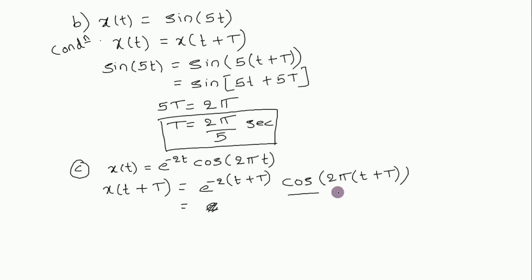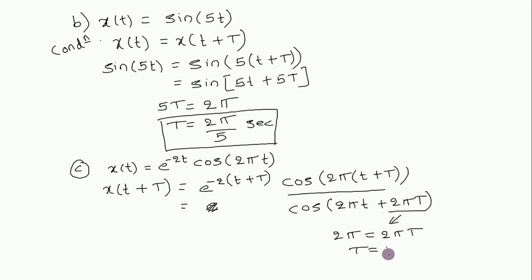Let me take this component. If I open the bracket, I would get 2 pi t plus 2 pi capital T. Now for periodicity, I need to compare it with 2 pi. So 2 pi T equal to 2 pi would give me T equal to 1. The same thing I'll apply for the second case.